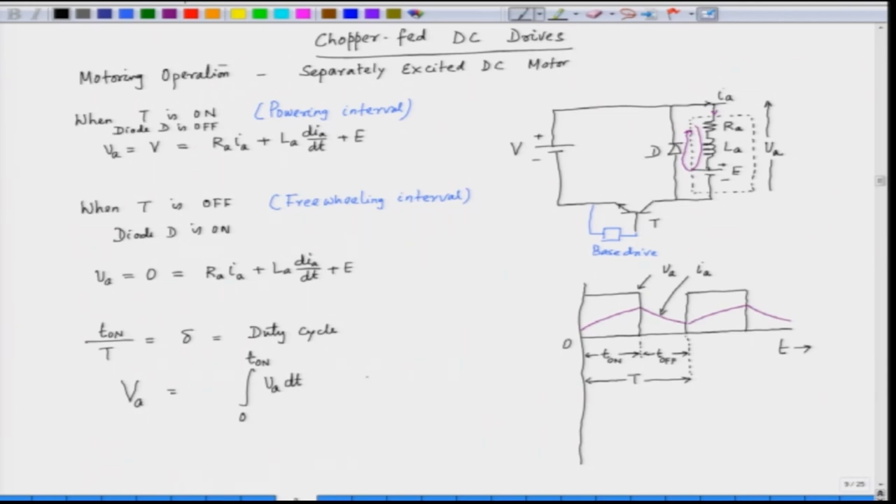So, we do not have to integrate for that, and the time period is capital T. V A is capital V times T on by capital T, and we have already defined T on by capital T as delta, the duty cycle. So, V A is equal to delta into V, where V is the source voltage. This is the average armature voltage of a separately excited DC motor.